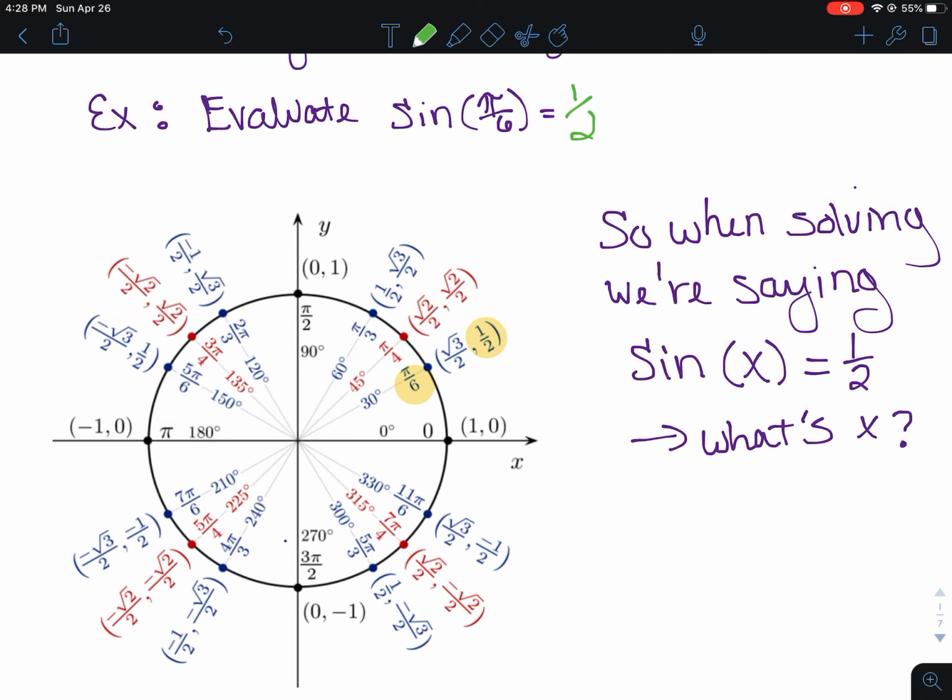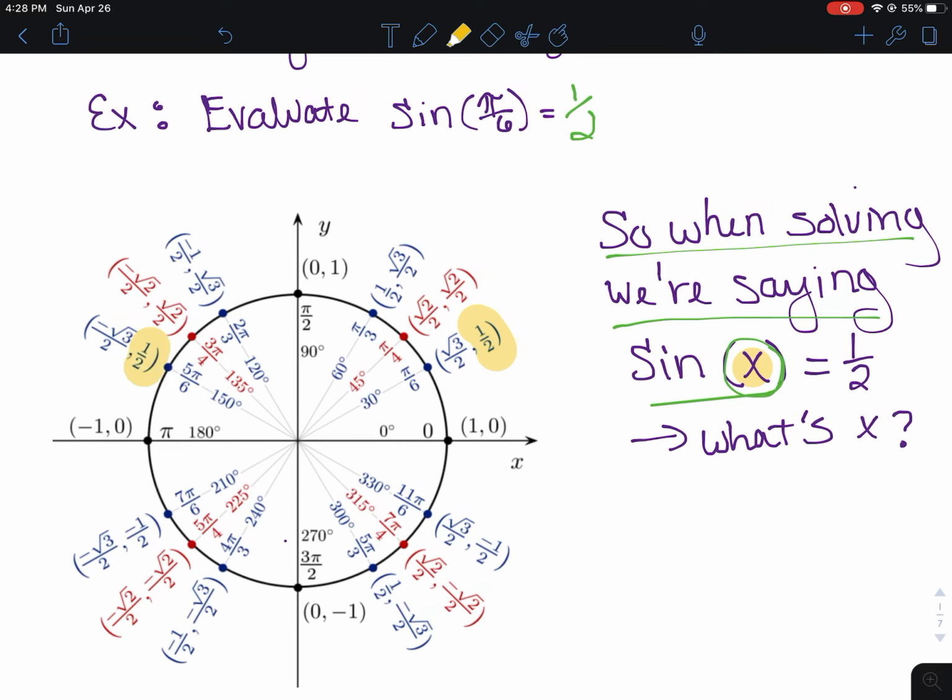So here, if I reverse that and say, when you're solving, we're really just saying, all right, then if the sine of something, the sine of this x, which again is the angle, is equal to 1/2, what's the angle that created that, right? So if we reverse that thinking, well, the sine is 1/2 here.